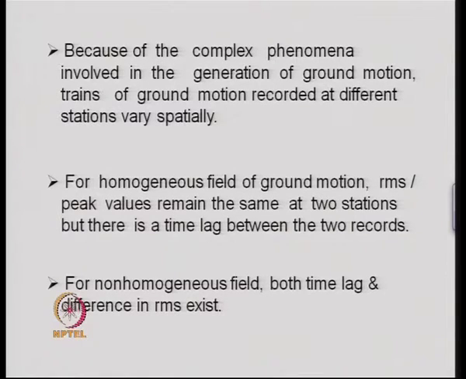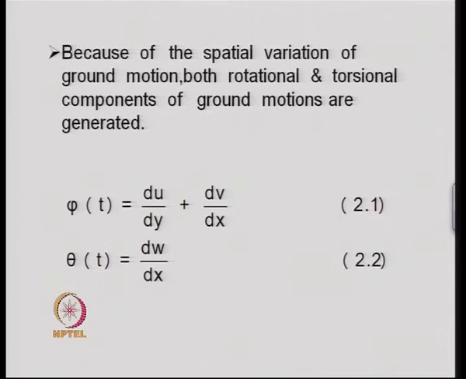For a non-homogeneous field, both time lag and difference in RMS exist. Because of the spatial variation of the ground motion, both rotational and torsional components of ground motion are generated. Equation 2.1 shows how we obtain the torsional ground motion from the two horizontal ground motions that are measured.